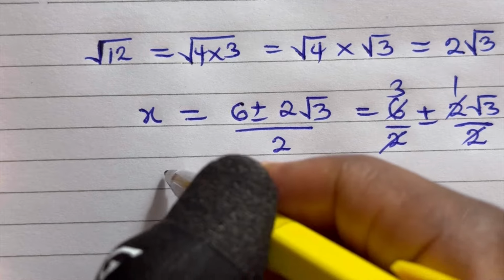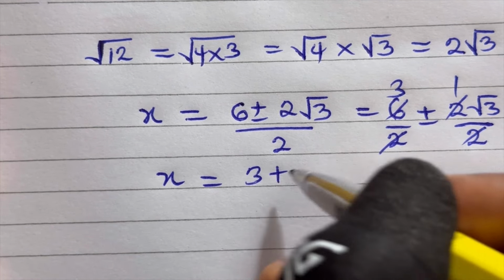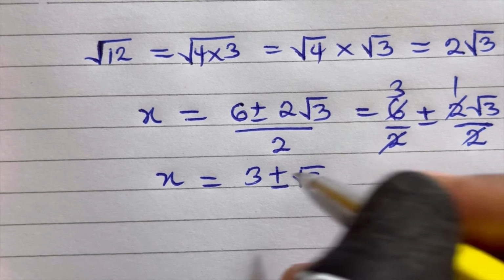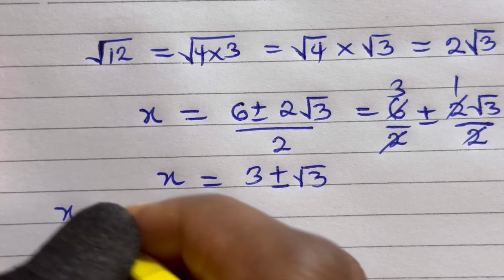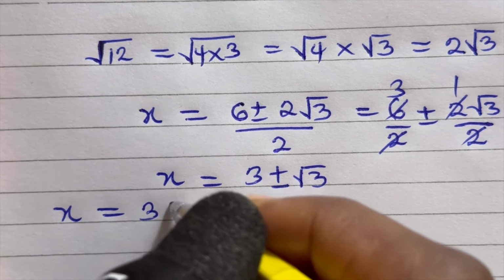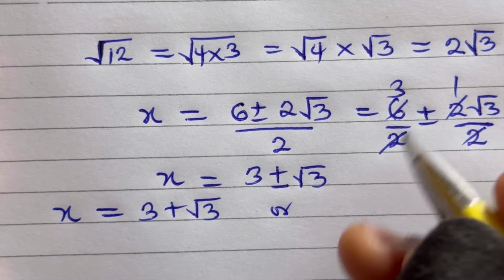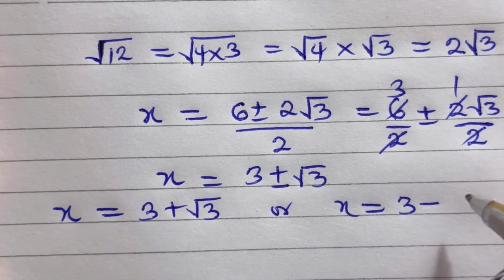So that our x is simply 3 plus or minus root 3. And if we separate that, we get either x is equal to 3 plus root 3, or x is equal to 3 minus root 3.